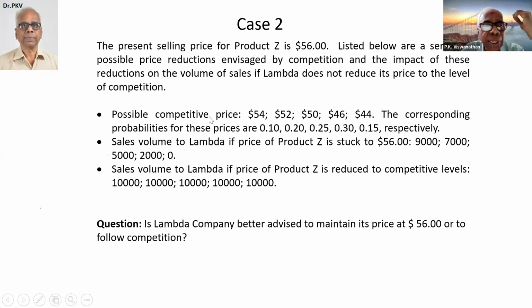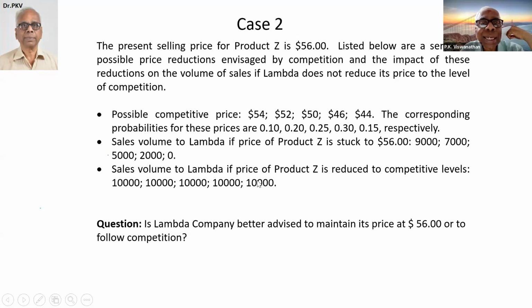So what are the possible competitive prices? $54, $52, $50, $46, $44. The corresponding probabilities for these prices are 0.1, 0.2, 0.25, 0.3, 0.15, respectively. Sales volume to Lambda if price of product Z is stuck to $56: 9,000, 7,000, 5,000, 2,000, 0.